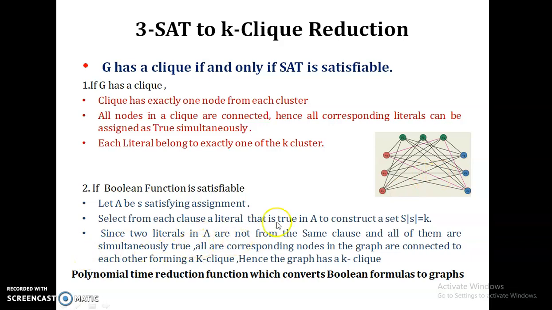Since two literals in A are not from the same class and all of them are simultaneously true, the corresponding nodes in the graph are connected, and if they form a clique, then you can say this graph has a clique, right? And this conversion from the expression to this graph, which creates a clique, takes polynomial time, based on the number of literals present in all these clauses. So we can say this clique problem is also NP complete. Thank you.